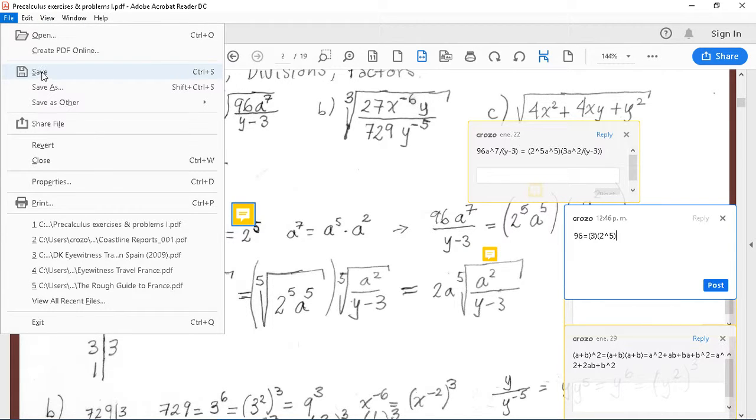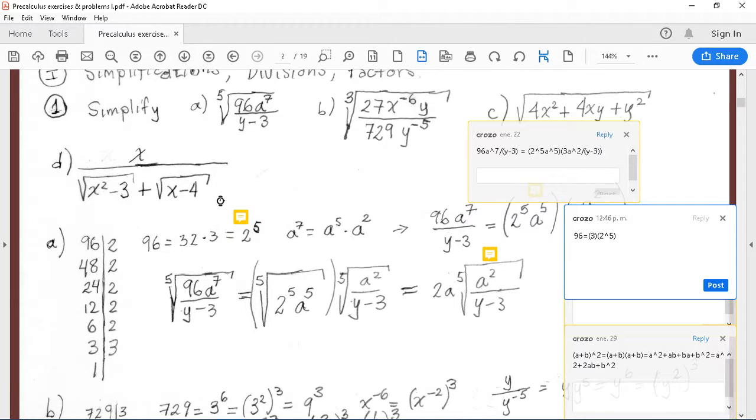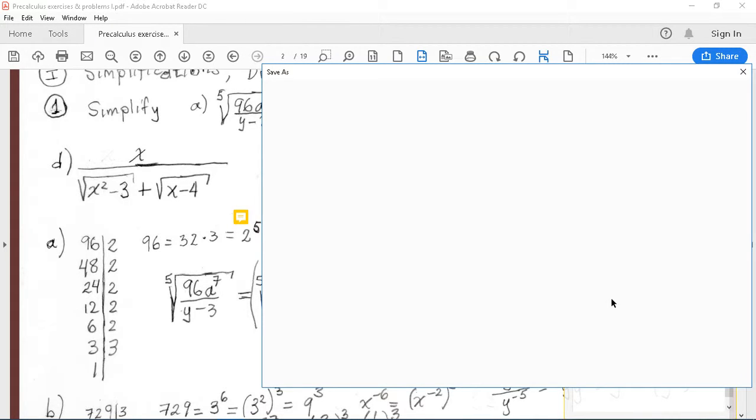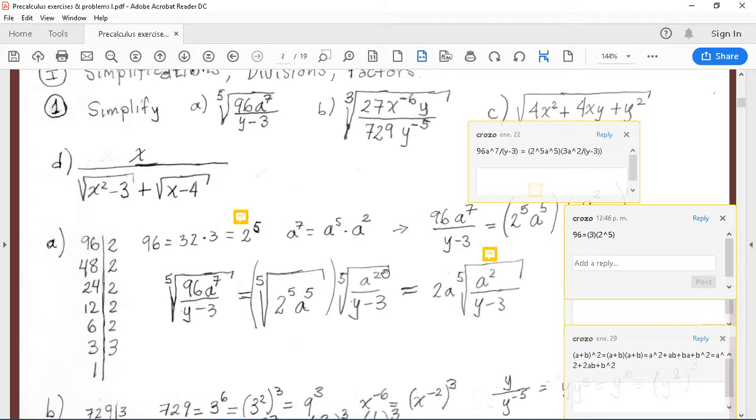Okay, so let's go on. a to the seventh is a to the fifth times a squared.